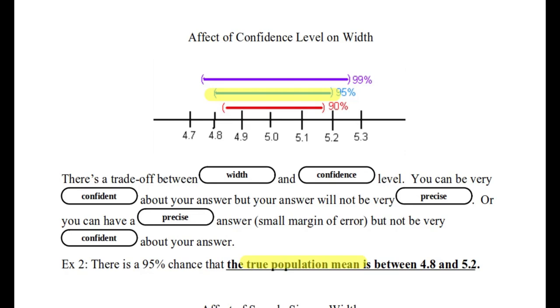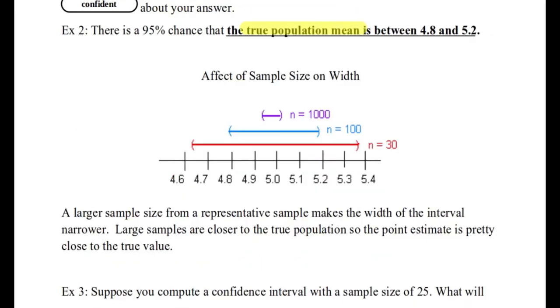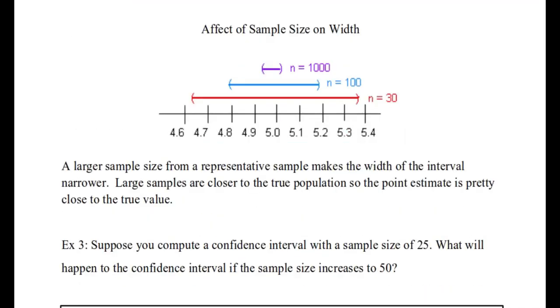Sample size has the opposite effect on the confidence interval. That's largely because the standard deviation of the sample means is the population standard deviation divided by the square root of n. In other words, the standard deviation gets smaller as n gets bigger.